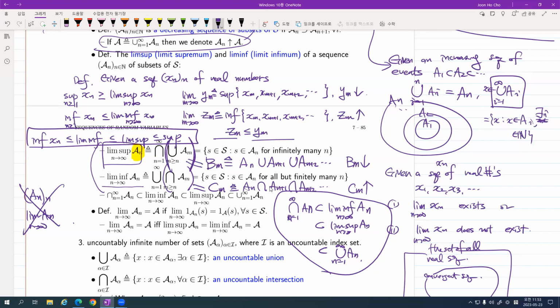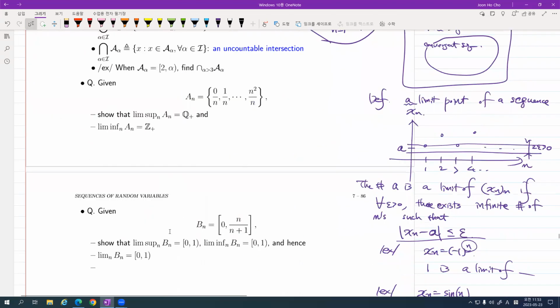So by doing that, we have very parallel results for a sequence of real numbers and a sequence of subsets. Okay, I believe we are almost ready to talk about the examples. Given a sequence of subsets or events, in this case no probability, show that lim sup of A sub n is Q plus. Here, Q plus is all non-negative rational numbers.